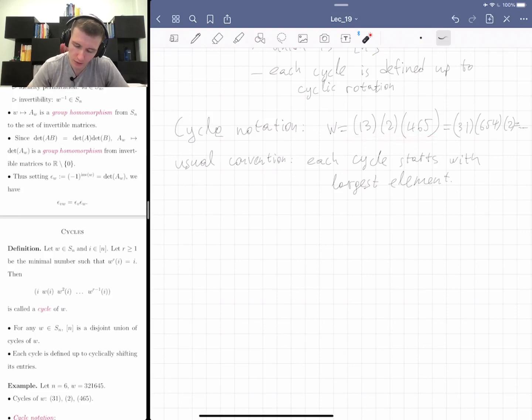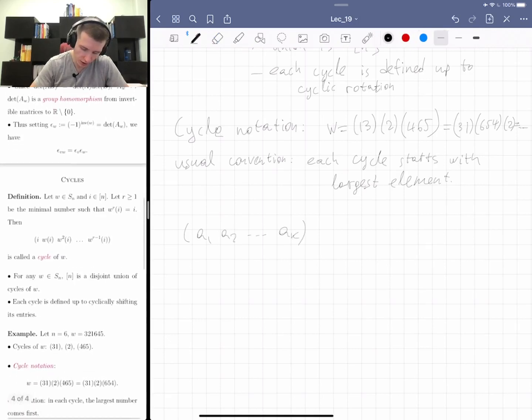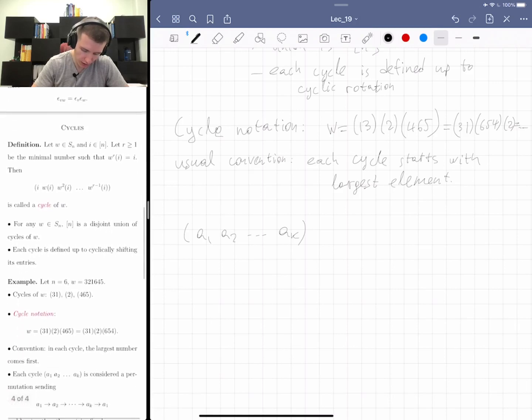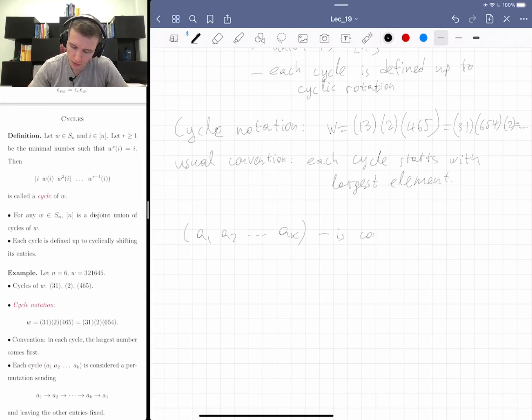And let me mention another unimportant thing, which is that if I just write (1, 3), or any cycle, let's say I write any cycle (a1, a2, all the way up to ak), then if I just write an object like that, it is considered as a permutation which sends a1 to a2, to a3, etc., all the way up to ak to a1, and fixes the rest of bracket n.